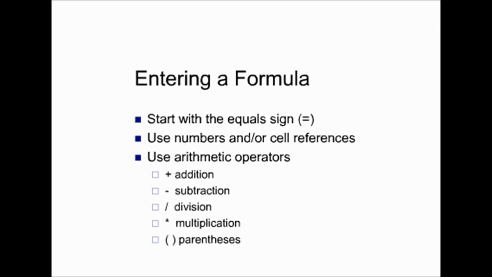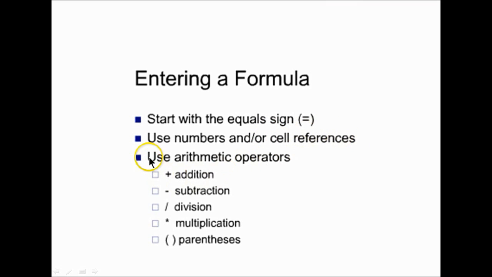Entering a formula. So we saw basically what I did to create that formula, but let's have a little deeper look at what really happened. All formulas start with an equal sign. When I did that formula, you can see that I put in an equal sign just at the beginning. We use numbers and cell references, and we just saw that it's best practice to use cell references rather than a number.